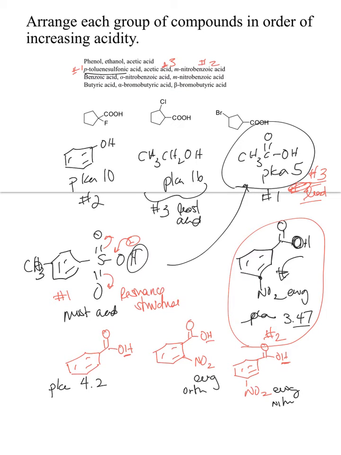And then ortho, the pKa of the nitro is about 2.16. And your meta, pKa about 3.47. So it's actually a factor of 10-fold more acidic if it's ortho. So ortho is more acidic than meta. So by pKa, this is most acidic. This is number 2 with the meta. And then number 3 is no substituent at all.